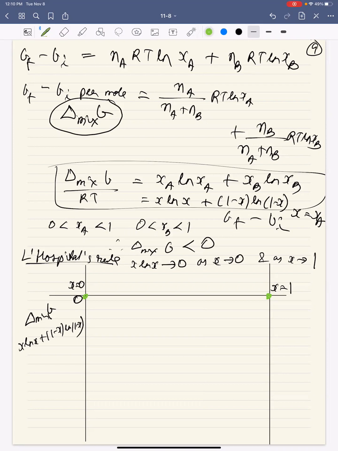It drops down to negative values, but with a slope that looks like this. This is how this curve looks. And the interesting thing is, even though we did this for ideal behavior, this property that the free energy of mixing drops down with an infinite slope is actually true for almost everything.